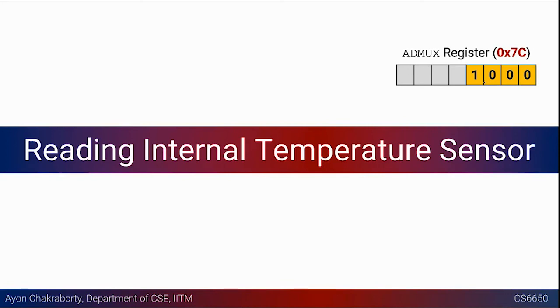Because you are not putting any sensor from outside on this Arduino board, you are not reading the analog pins from A0 to A5. You are reading something that is internal, and the microcontroller understands that if you give this code as 8, you are trying to read the internal temperature sensor.